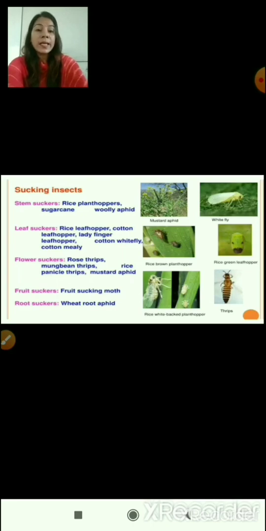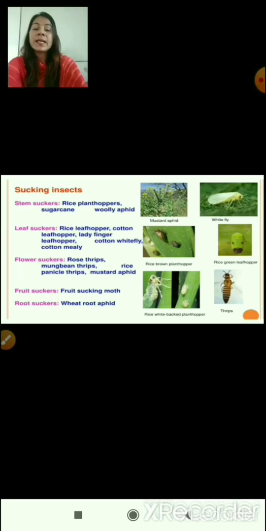Sucking insects, on the basis of the part from which the insect is sucking its food, can be categorized into different groups. That is stem suckers, which can be rice planthoppers and sugarcane woolly aphids, and leaf suckers, which can be cotton leafhopper, ladyfinger leafhopper, cotton whitefly, etc.